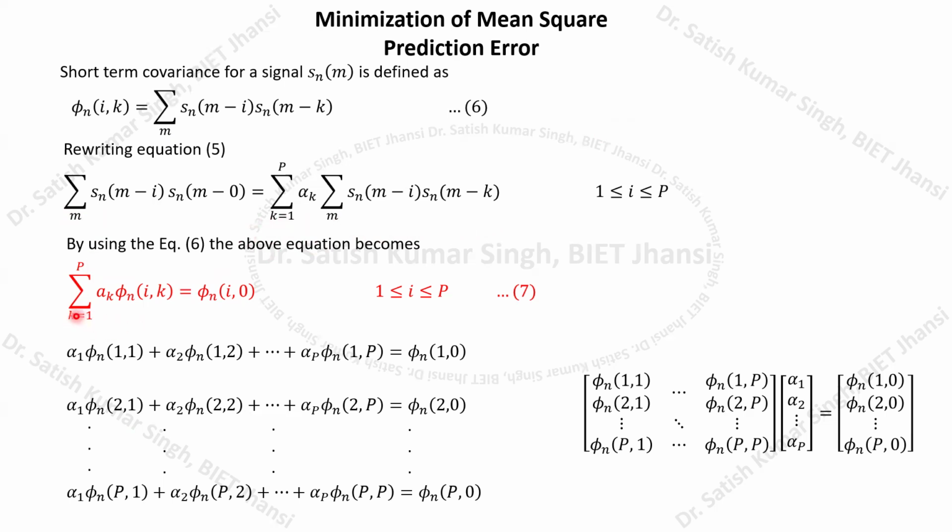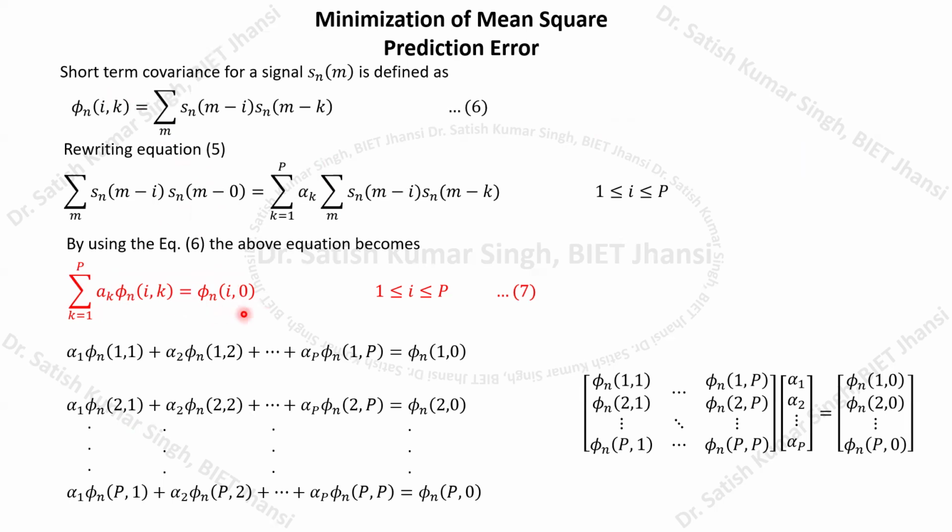This summation goes from k equals 1 to p of alpha k, and here the summation is replaced by the definition of short-term covariance, phi n i comma k. The right hand side is the same as the covariance, but the k value equals 0, and therefore it can be written as phi n i comma 0.